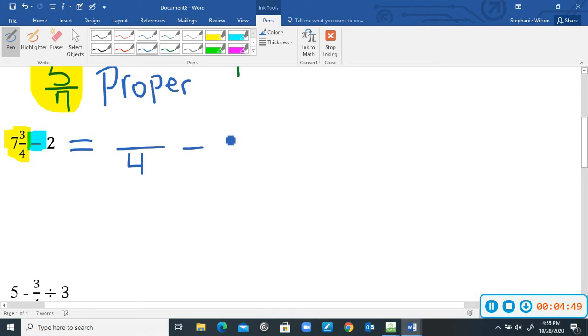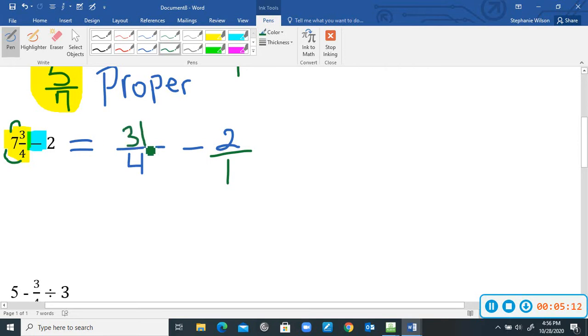I'm going to put a 1 underneath my 2 because I am going to have to find that least common denominator. So next, I say 4 times the whole number, which is 28, plus the numerator. So we got 28 plus 3, which is 31.